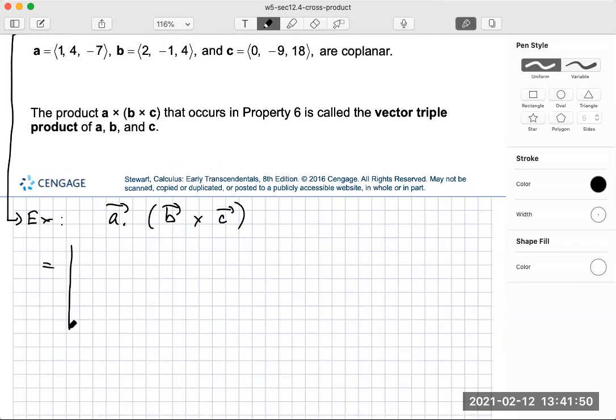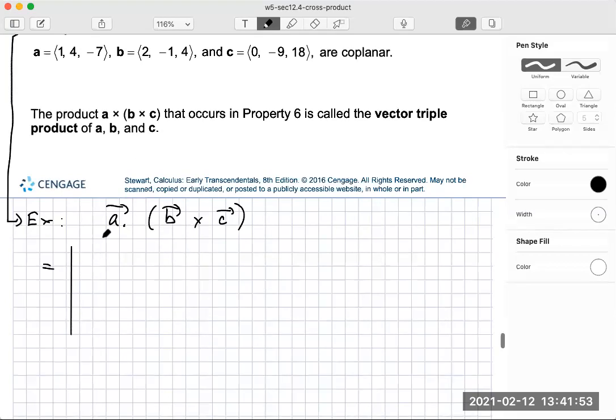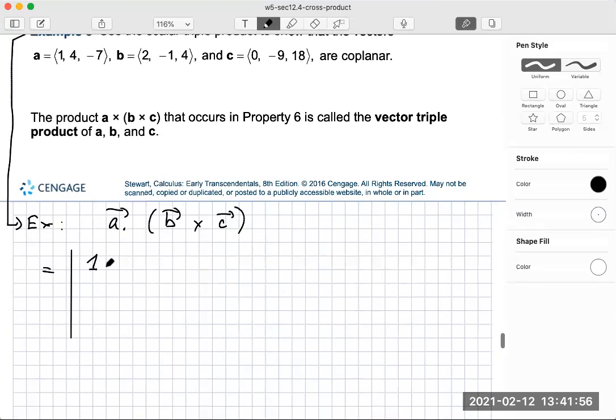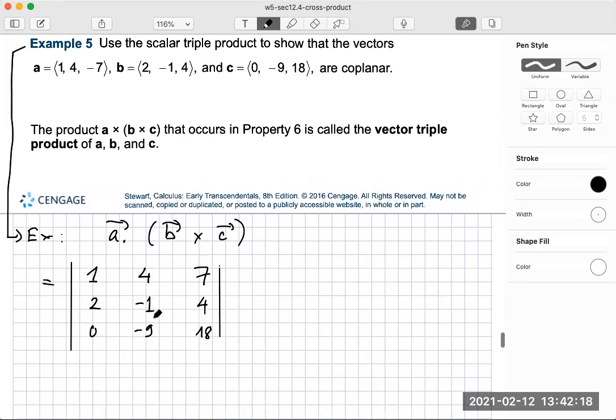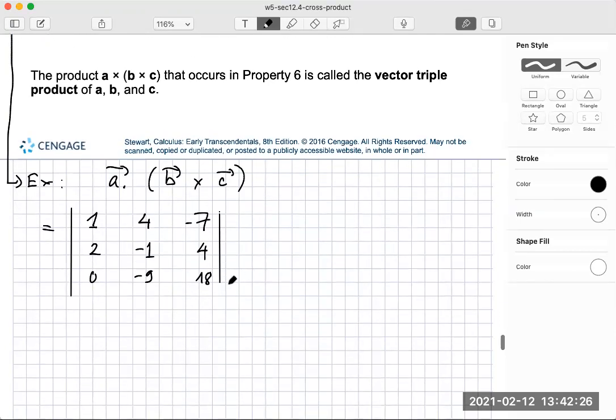From the formula, we know that it should be determinant of 1, 4, 7, 2, -1, 4, and 0, -9, 18 here, right? Sorry? -7, thank you. Yeah. Very good. Thank you, Luke.